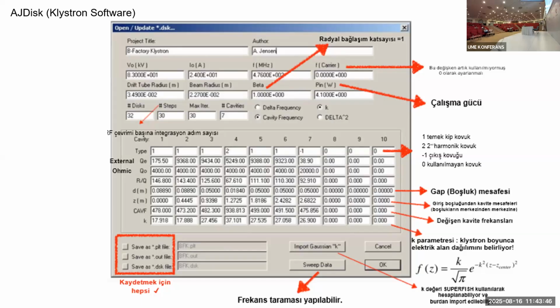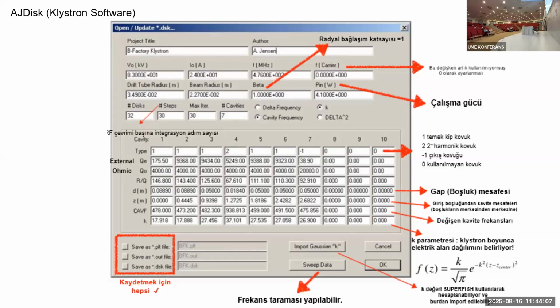In the RFQ that we have, about 1 degree has moved the frequency about 50 kilohertz. Our frequency is 352.21.